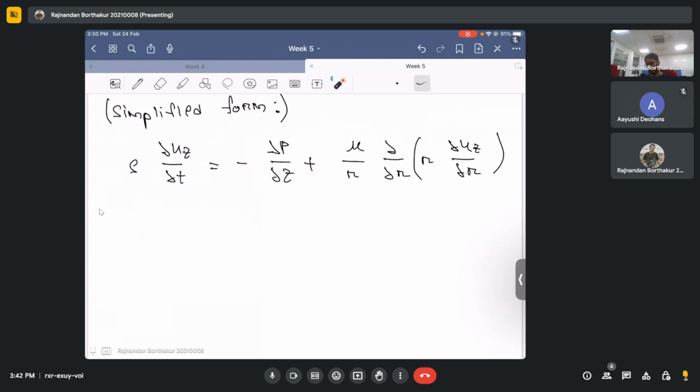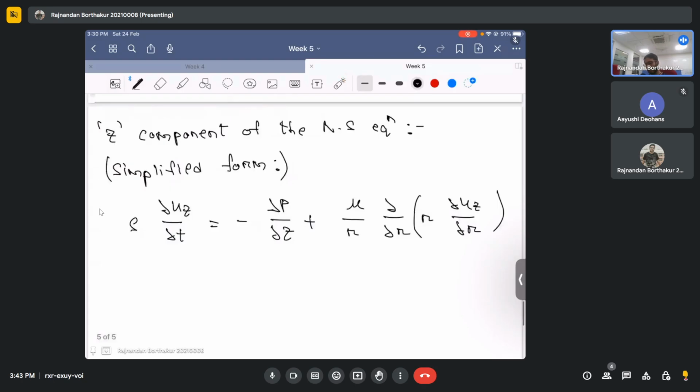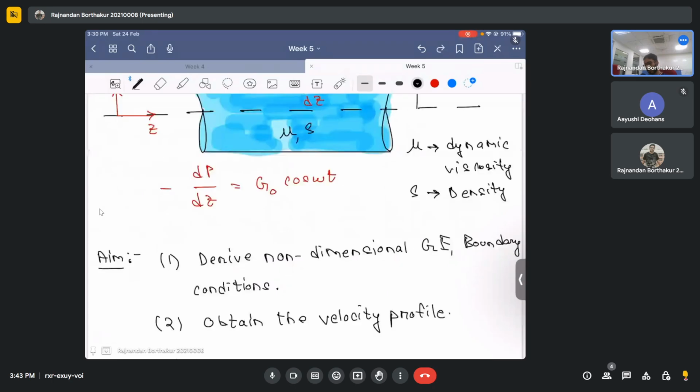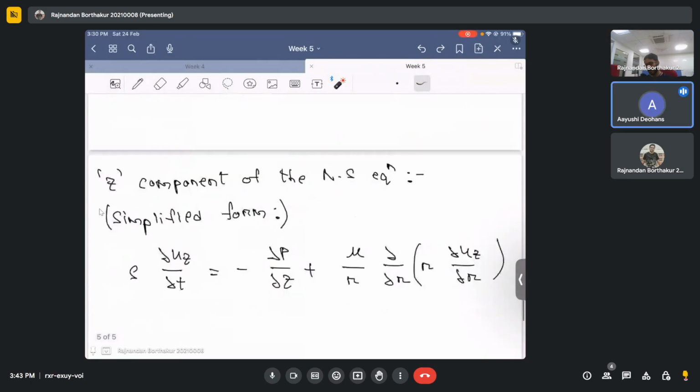So I'll simplify the question. Instead of having this dp by dz as g naught cos omega t, I'm saying that I just have a constant. Which term goes to 0? du by dt. Yes, duz by dt. Yeah, exactly. So that's obvious, right?